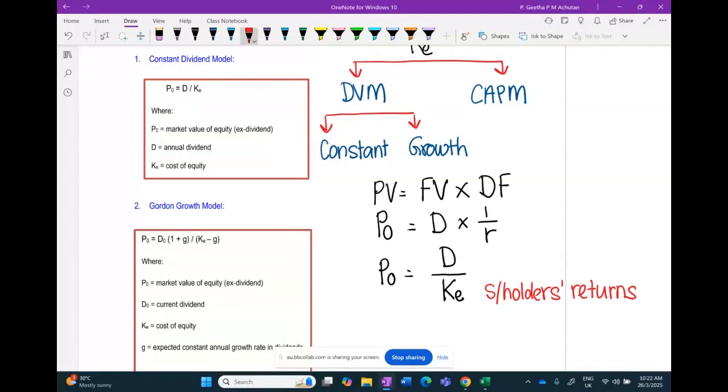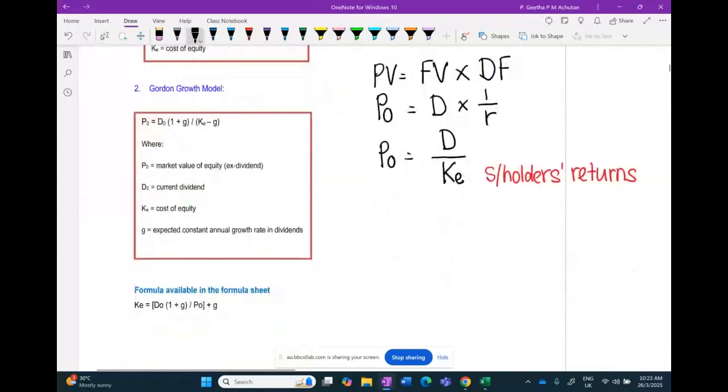But dividends cannot be constant, otherwise you'll be unable to attract investors. So we have a growth model. This is called the growth model.